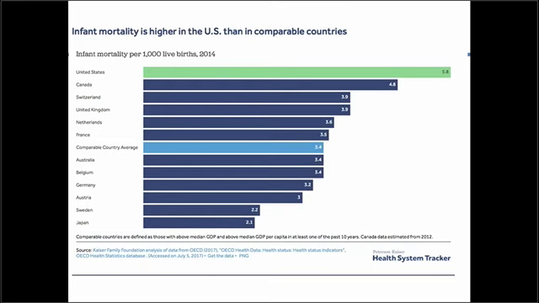And when we look at all other countries combined, that comparable average, we're almost double most other countries that have similar development to us, and almost triple that of Japan and Sweden and some other countries. And so what I want you to think about, and something that we'll talk about in a future lecture, is why are we doing worse with infant mortality in the United States? We have a lot of great medical care that can be provided.